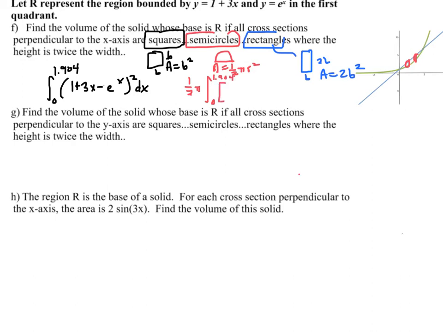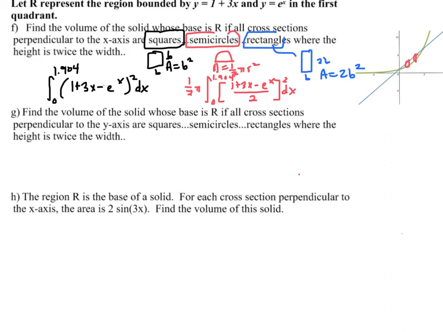And the difference between the two, 1 plus 3x minus e to the x, needs to be divided by 2 to get me the radius. Let me just show that one more time. I've got that 1/2 pi because it's a semicircle, and the difference between the two functions, I divide by 2 to get me the radius.